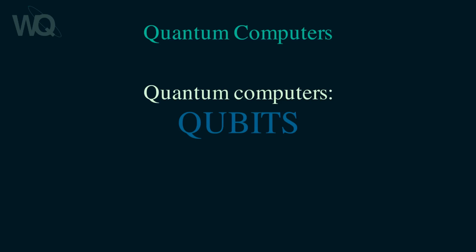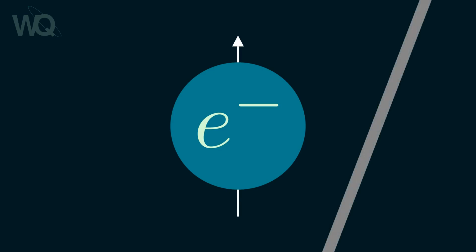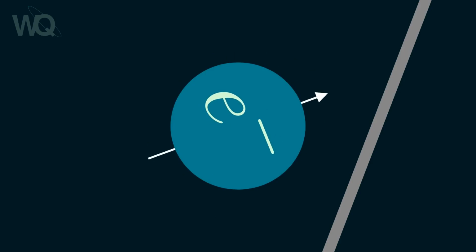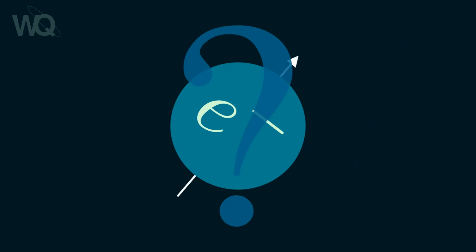However, qubits are extremely sensitive. Imagine encoding information in a qubit made up of an electron. If a wire passes nearby, which is very likely in a computer, it can disturb the electron's state, causing the information in the electron to be lost. So, what's the solution?